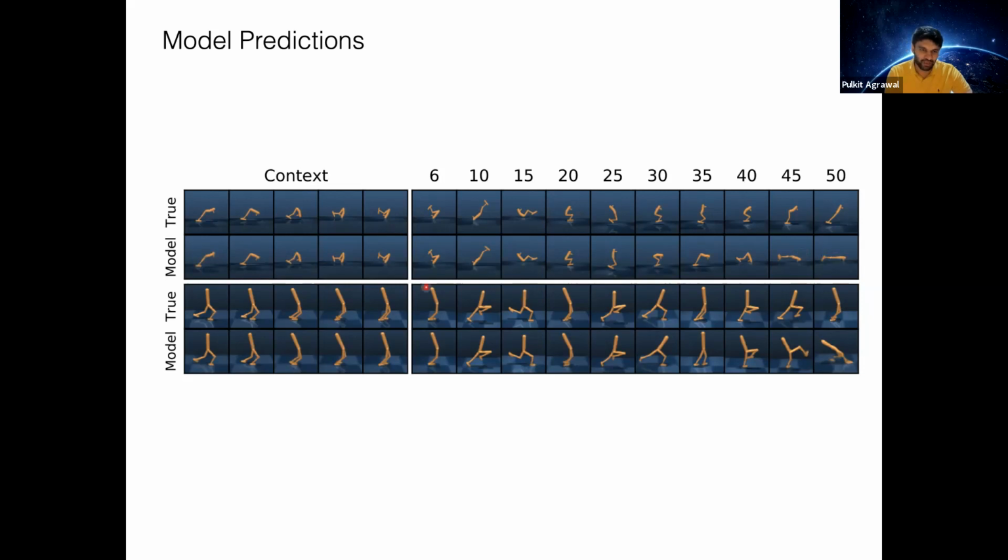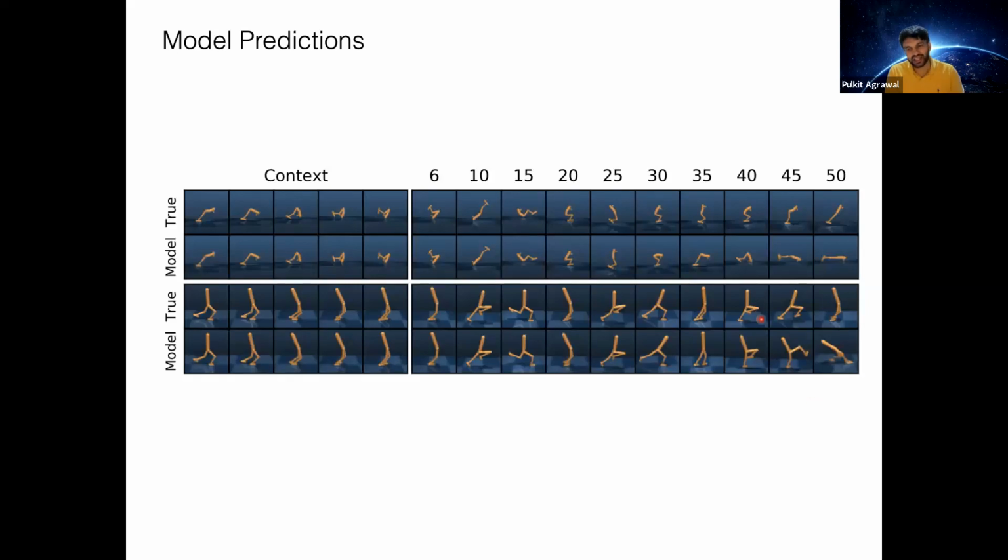Same over here. It starts off being similar, but then in the end, it starts getting blurry and starts diverging. This is the problem we were discussing before, right? If we try to roll out for long with models, my predictions can become inaccurate.